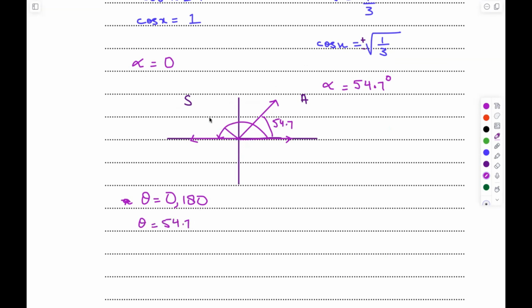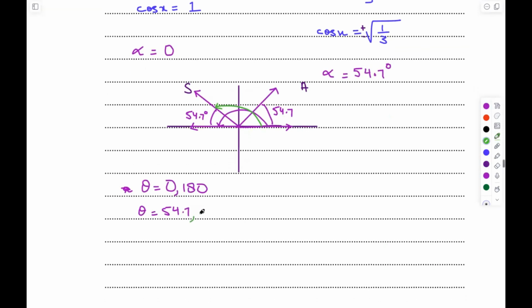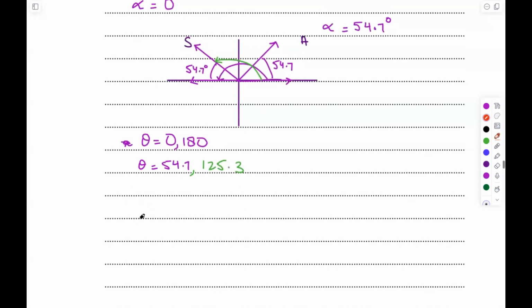And making 54.7 the basic angle in the second quadrant, as we can also take the negative values due to the square root, the last value we can take is 180 minus 54.7 degrees, which will be equal to 125.3. So the final answer for the values of theta will be 0, 54.7, 125.3, and 180.